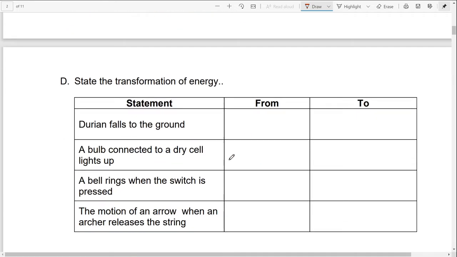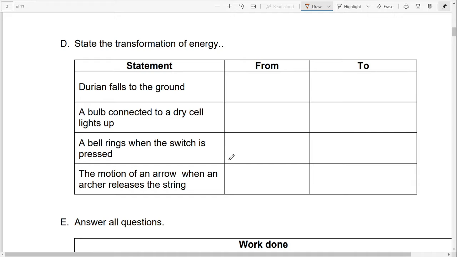Alright, now D. State the transformations of energy. A durian falls to the ground. So it must be falling from a height. So here I have gravitational potential energy. I will just put this as EP. So EP is the potential energy due to gravity.